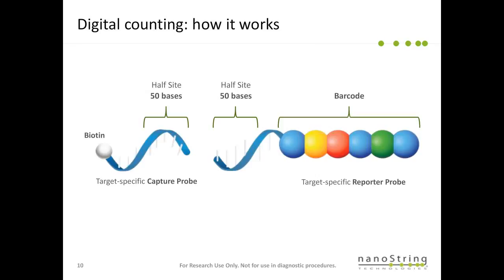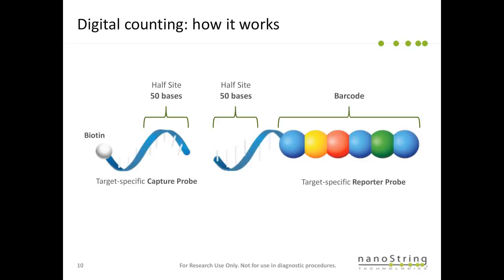The chemistry is illustrated on this slide. We use two probes, we call them half-sites. The capture probe, with 50 bases that can bind to the target, is linked to a biotin, and the biotin will help capture the target and attach it to the imaging surface.